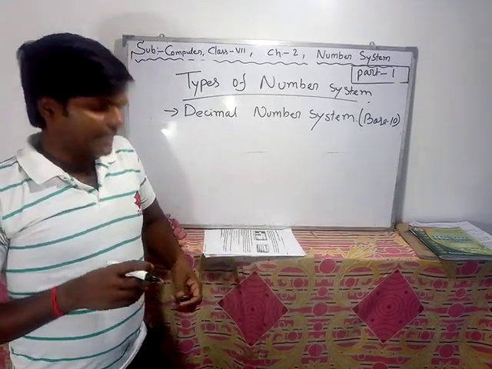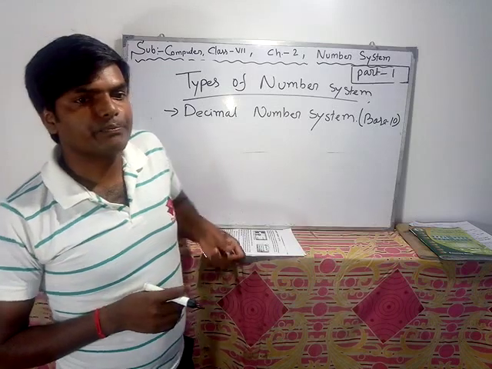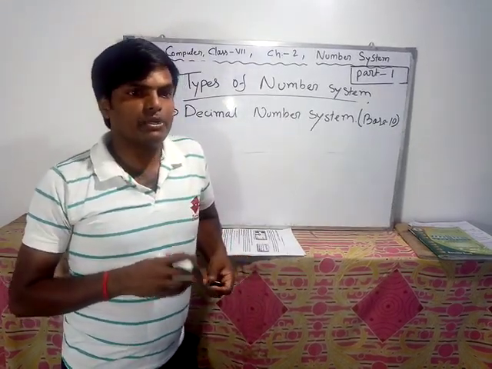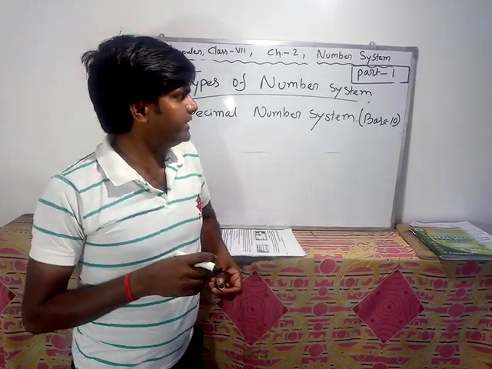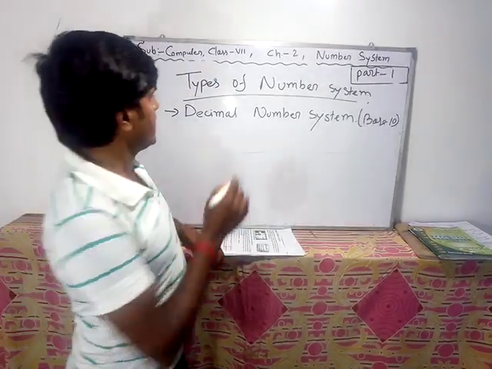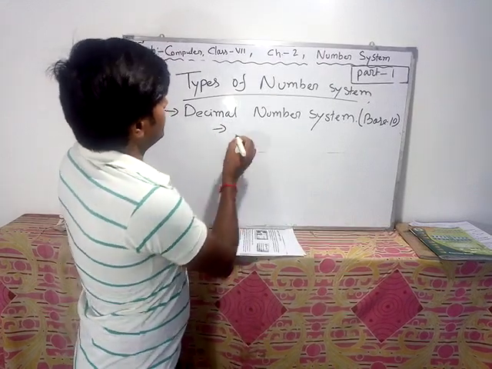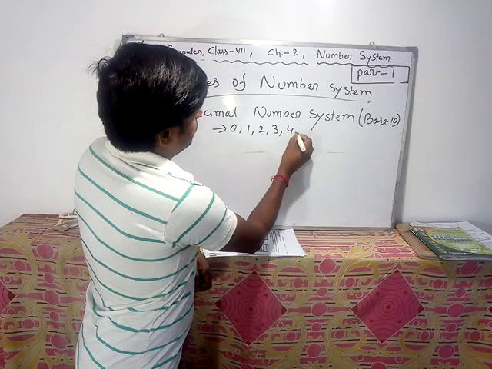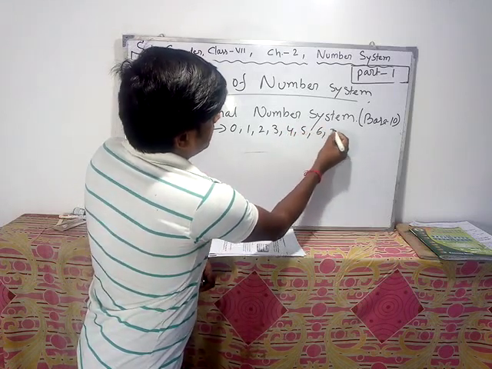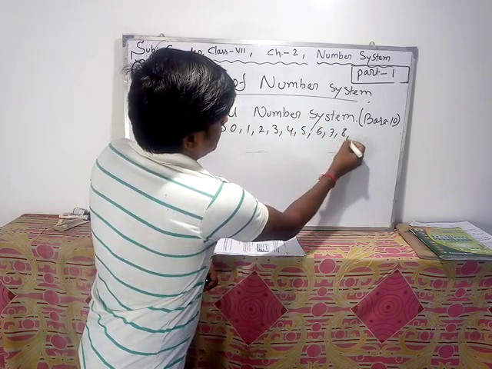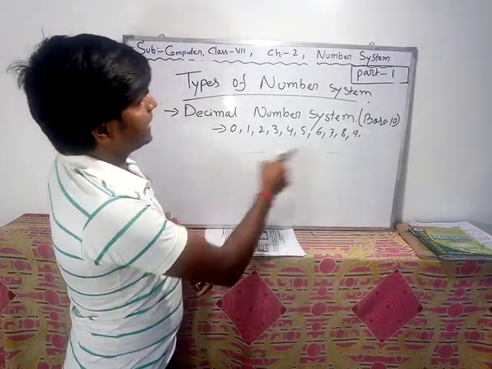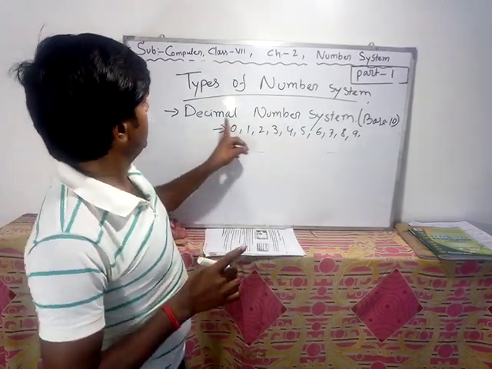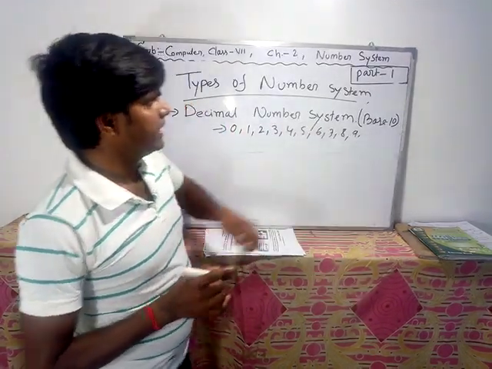Because this number system has 10 digits. How many digits? 10 digits, starting from 0, 1, 2, 3, 4, 5, 6, 7, 8, 9. That's why the decimal number system has base 10.